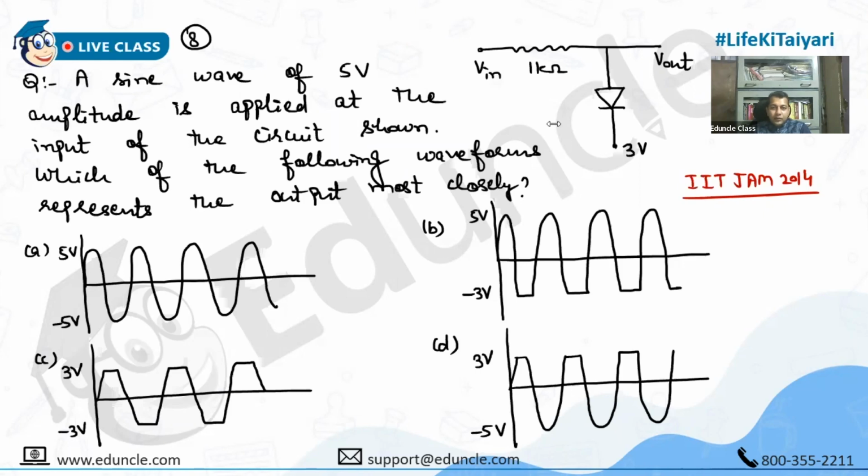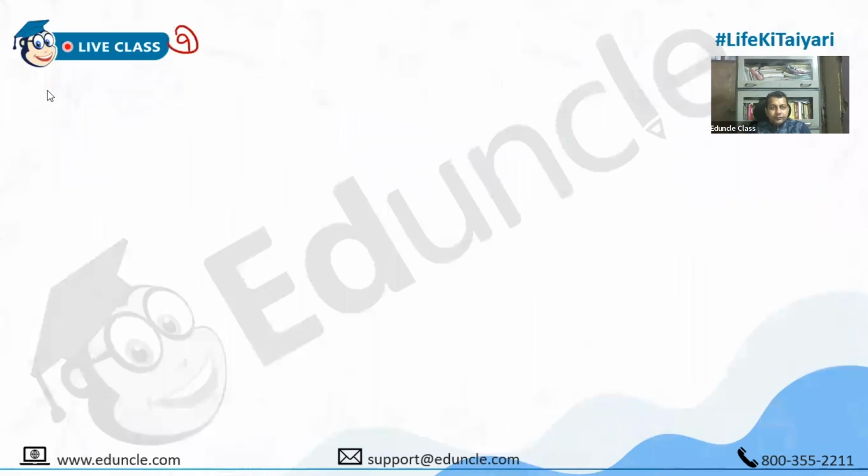Okay, let me tell you then. See, when the input voltage is greater than 3 volt, then this diode will be on, because already there are 3 volts at the negative terminal. So for Vi greater than or equal to 3 volt, the diode is on.